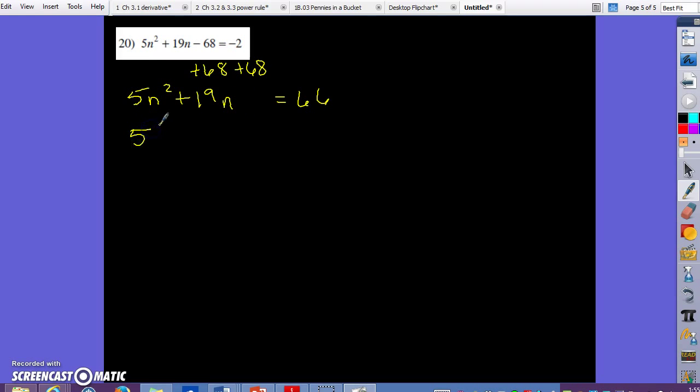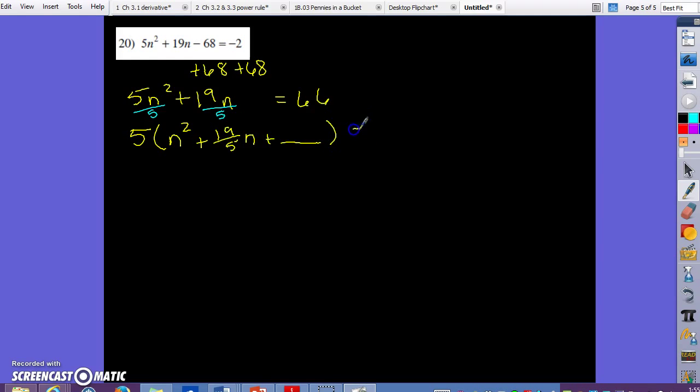So we're going to pull the 5 off of this. Remember, when I do that, I got to come back and divide this by 5 and this one by 5. Ooh, gross. Alright, so that's going to be n squared plus, 5 doesn't go into that, so I'm going to leave that as a fraction, like this, plus a blank.